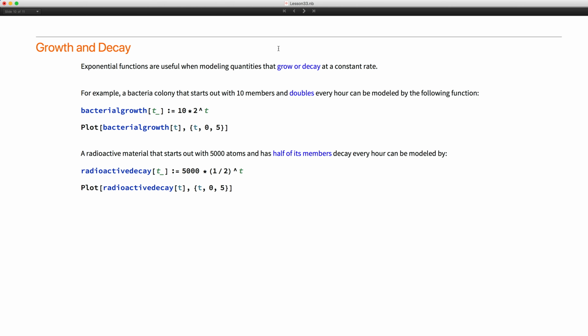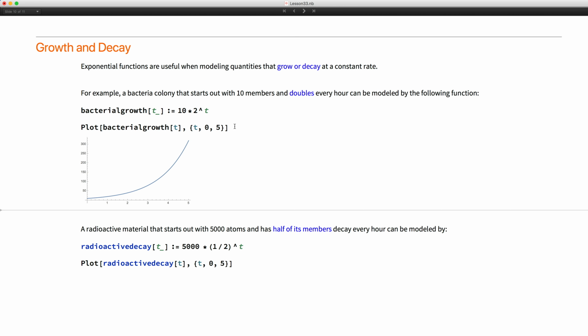As examples of where it occurs, we can talk about exponential growth or decay. For example, say you have bacteria, initially there are 10 bacteria, and they double every hour. That's the law of growth. That's the initial number, that's the growth rate, and here's a plot showing that we actually have exponential growth in this case.